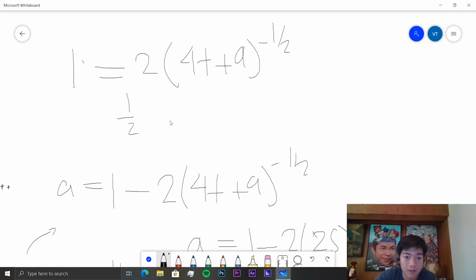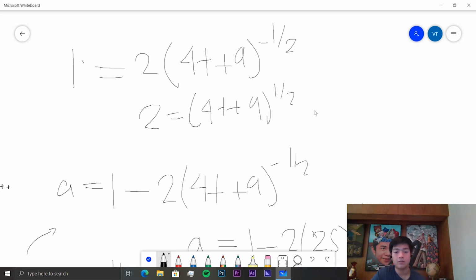So 1/2 is equal to (4t plus 9) to the negative 1/2. So 2 is equal to (4t plus 9) to the 1/2. So this will only occur when t is equal to a negative value. So this means acceleration is likely positive throughout.